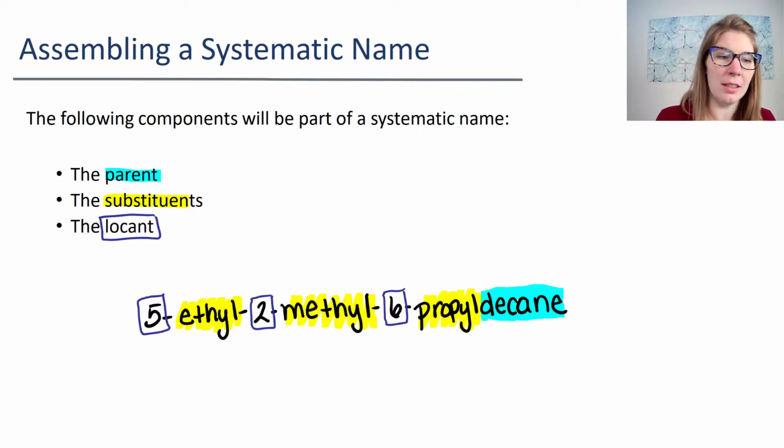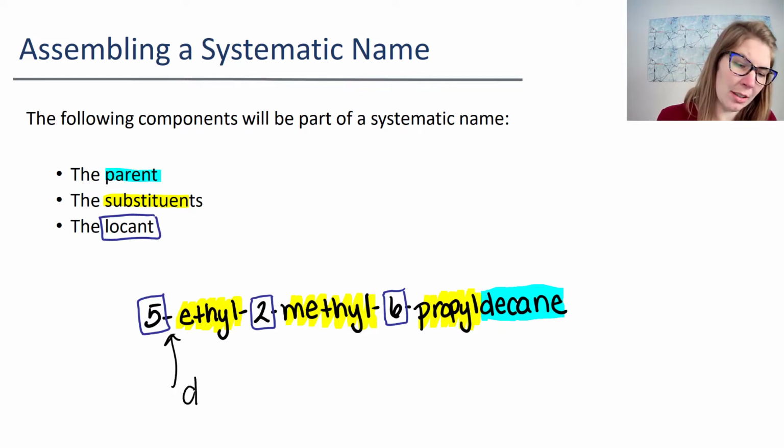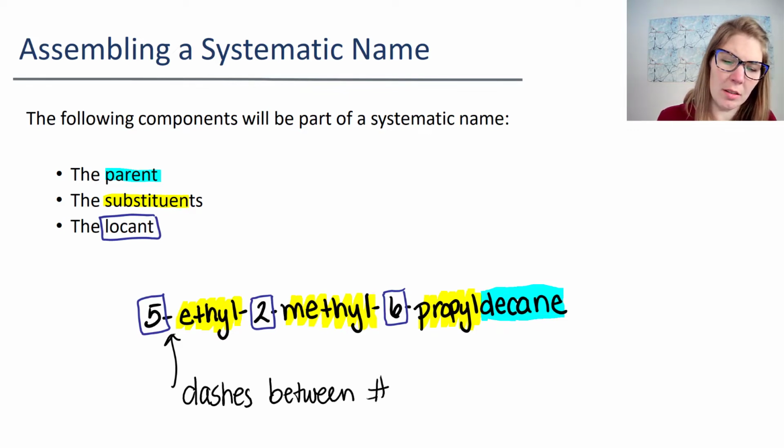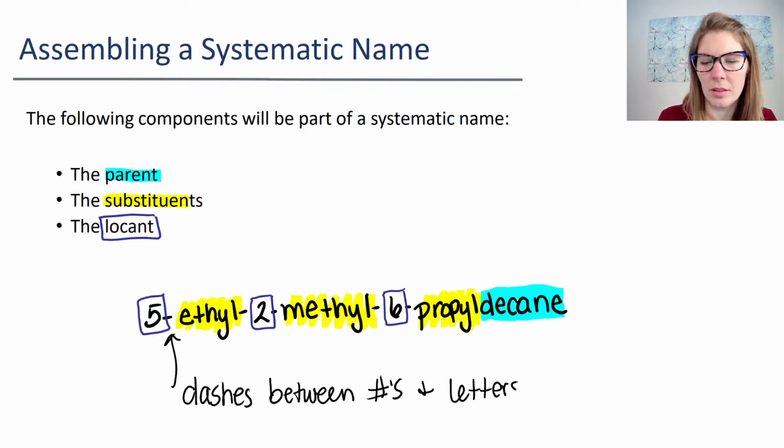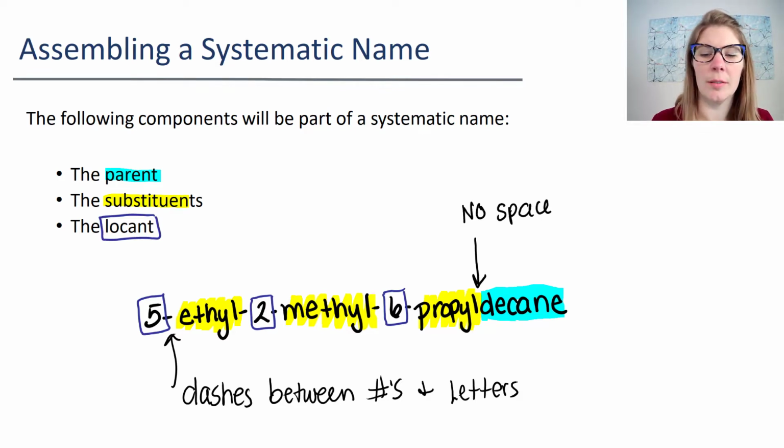Also take notice of the notation. There are dashes between numbers and letters. Notice how in propyldecane, there's no space here. So propyl, no space, immediately begin decane.